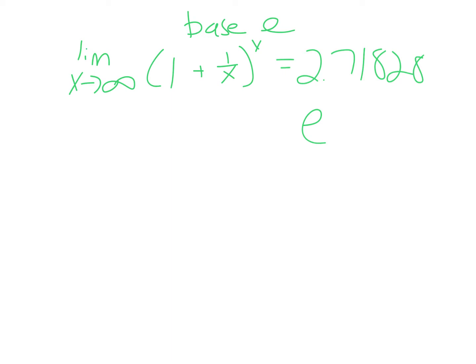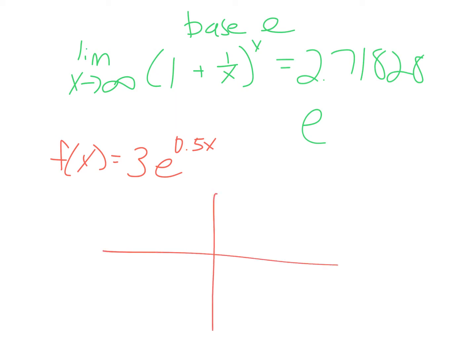Let's sketch the graph of one of these, shall we? Let's say we have f of x equals 3 base e to the power of 0.5x. Whenever we're doing any exponential function, not just base e, it's always best to start with the y-intercept. Why is that important? Well, we know we have one.